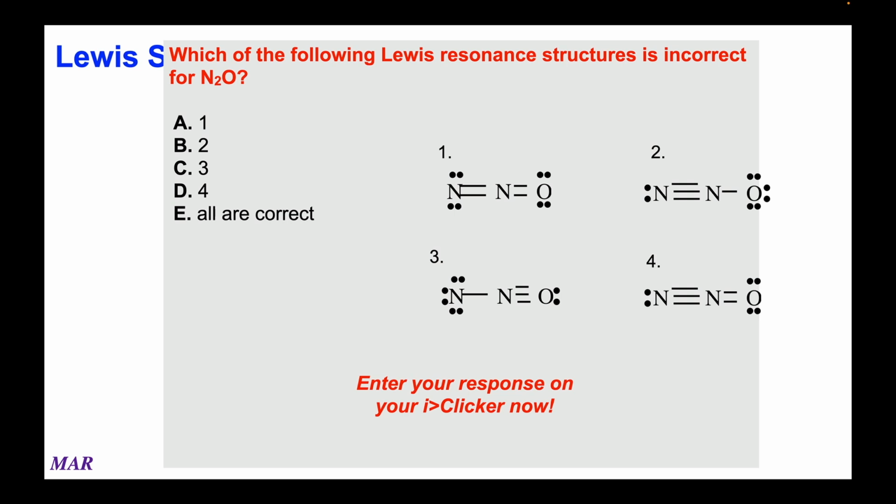So in the first one there, nitrogen is like carbon in CO2. It has double bonds on each side. So that's 4 pairs of electrons around nitrogen, and 4 pairs is kind of the gold standard, if you will, for these things. So that would be a good structure for N2O.